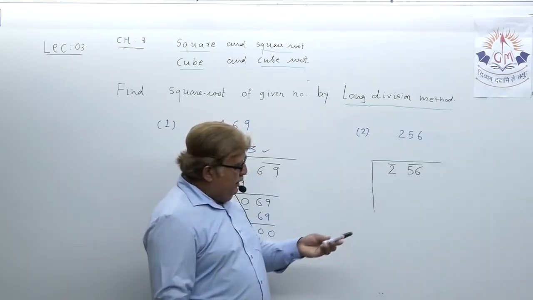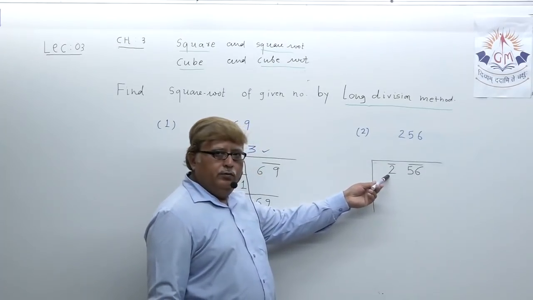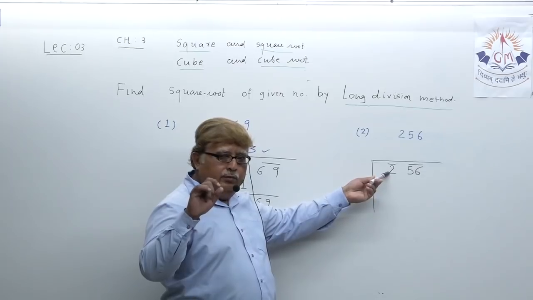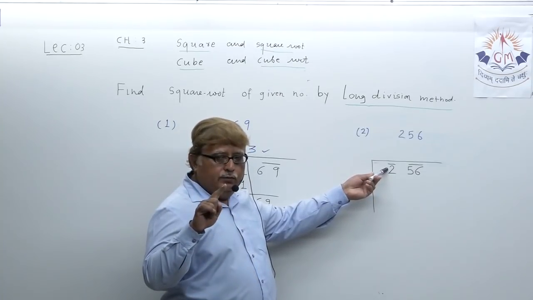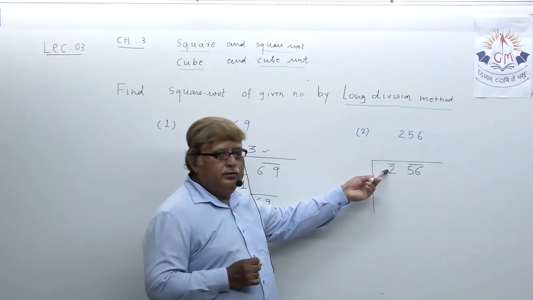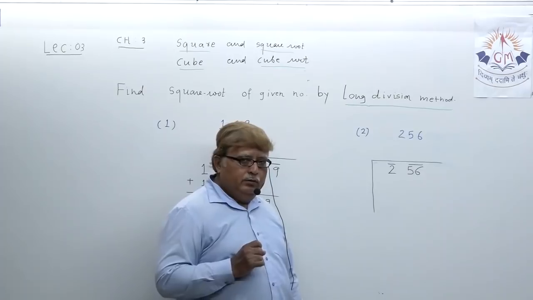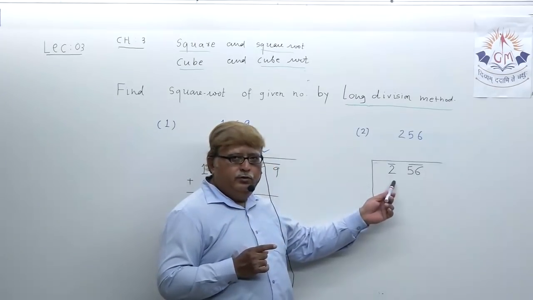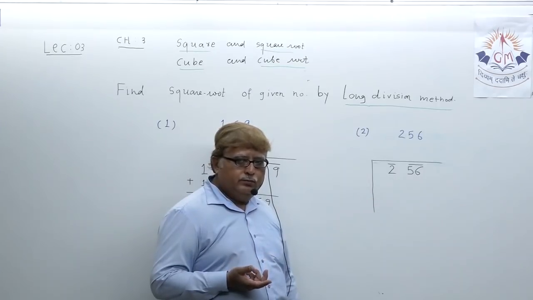See where I point to. Logic. Think of a number whose square, mind it what I am speaking, think of a number whose square is 2 or less than 2.